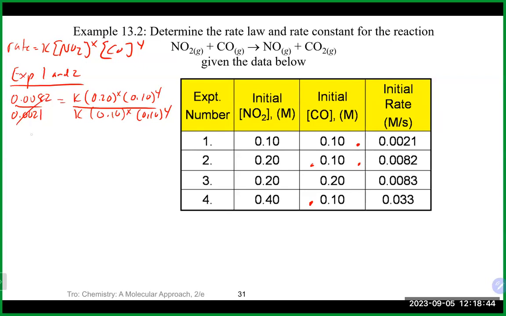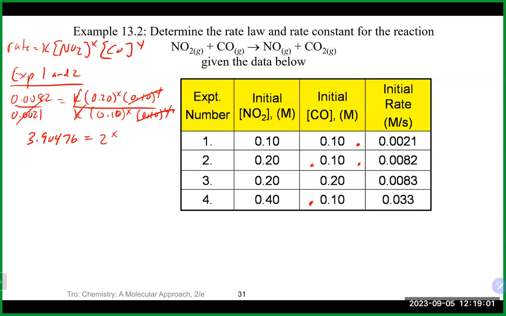That's going to give us something like 3.90476-ish. Our K's will cancel, our Y terms here should cancel, and that, which is a 1, should give us 2 to the X.